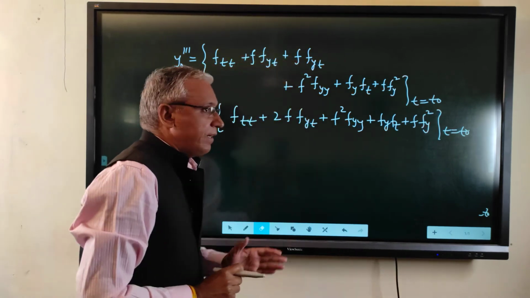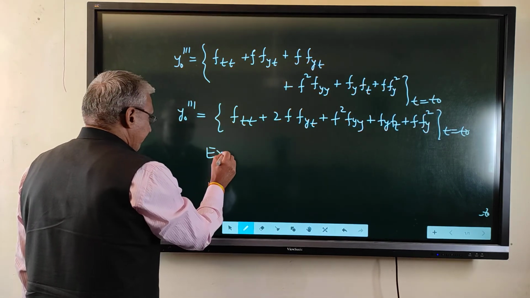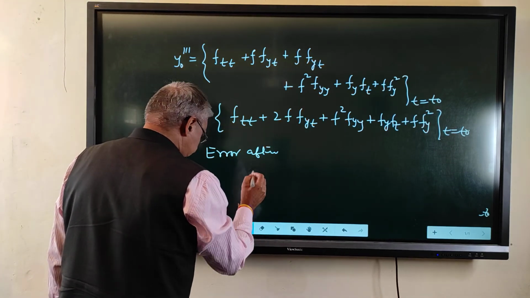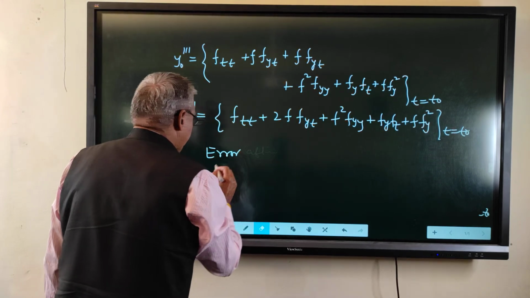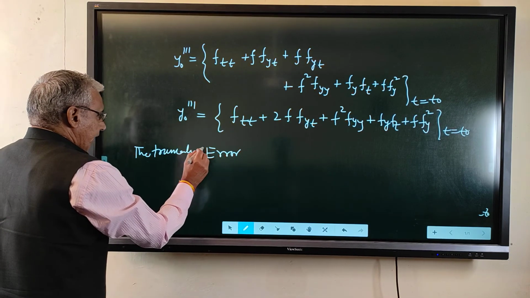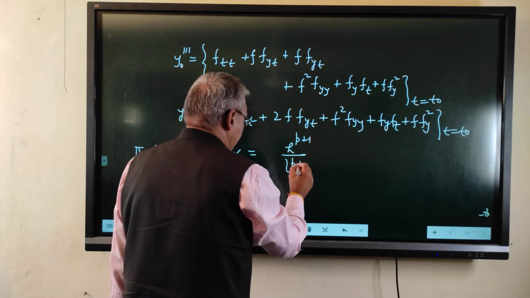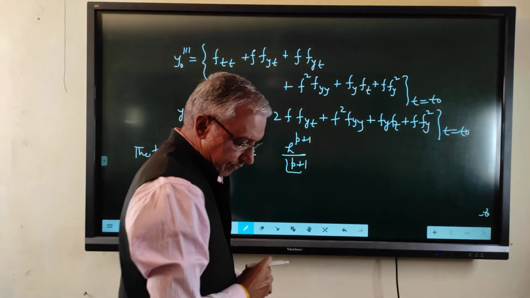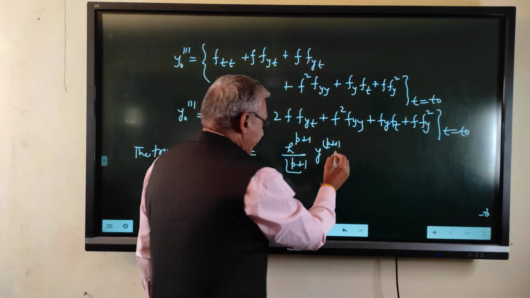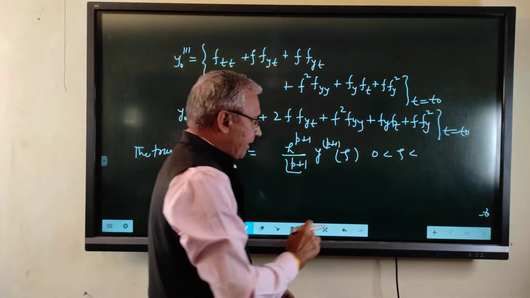If we truncate after the pth term, then the truncation error is given by h^(p+1) / (p+1)! times y^(p+1)(xi), where xi lies between 0 and h.